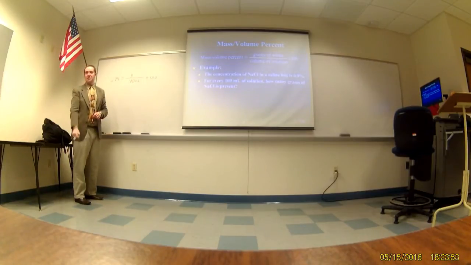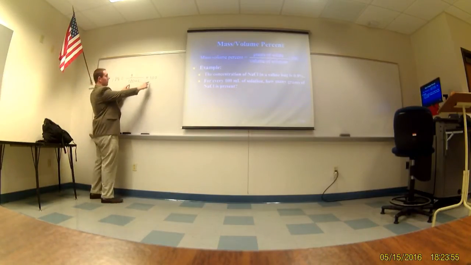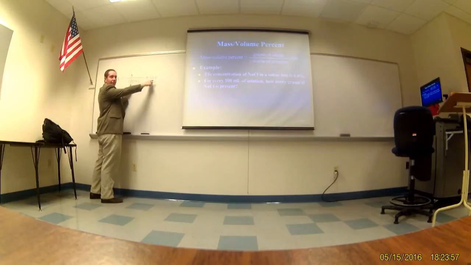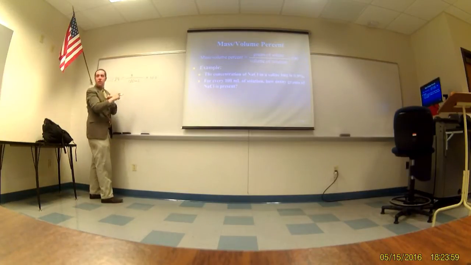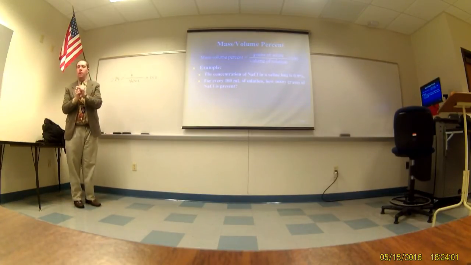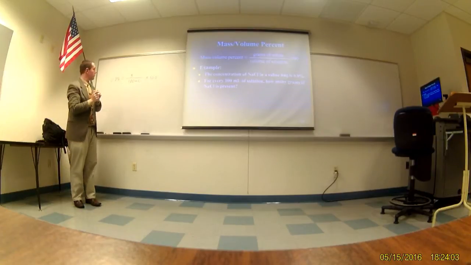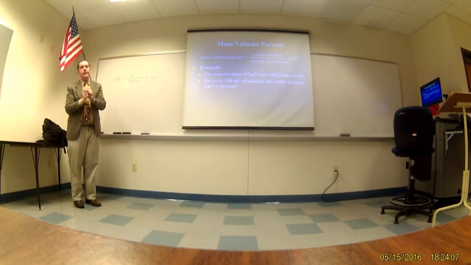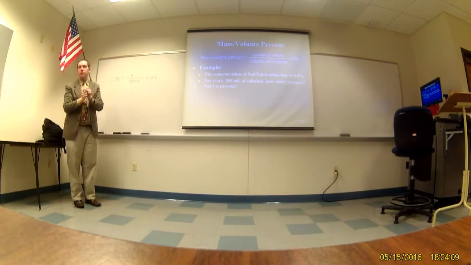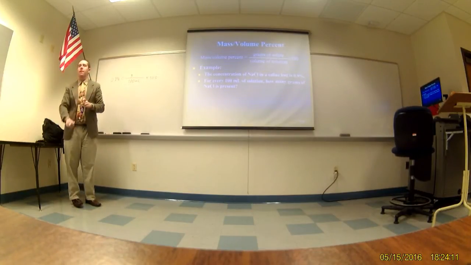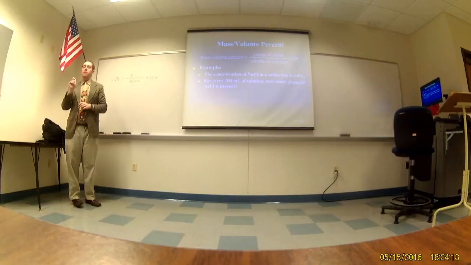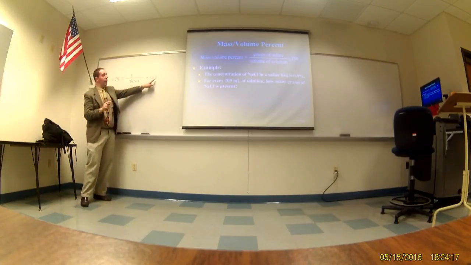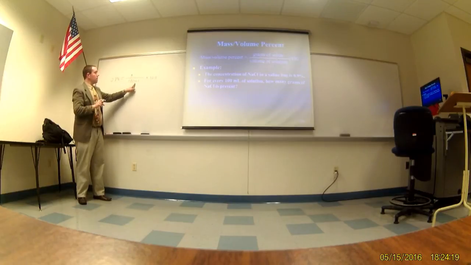Mathematically, hopefully you see this just cancels. I was thinking of multiplying each side by 100, getting grams, and then multiplying by that 100. The hundreds will cancel out. The milliliters will not disappear.